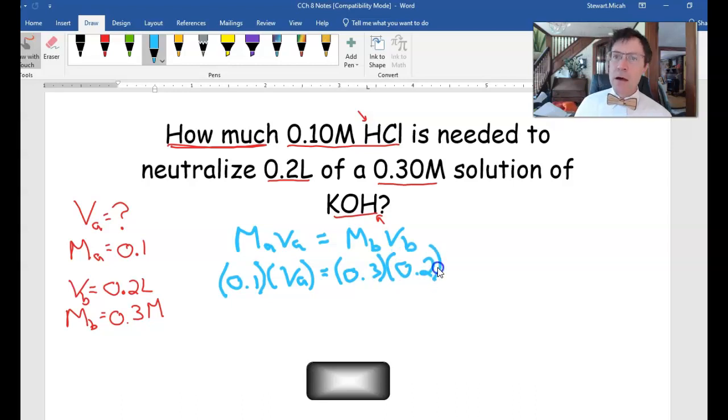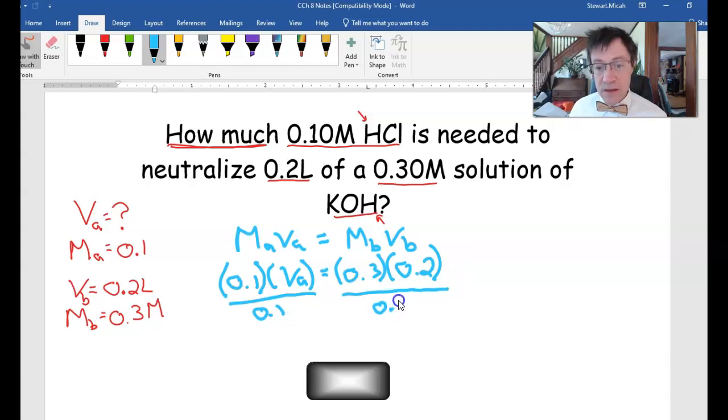So, how are we going to do this? There's a couple ways to do it. What I like to do when it gets messy like this is get my unknown variable all by itself. To do that, I'm going to divide both sides by 0.1. These cancel out, and I'm left with VA.